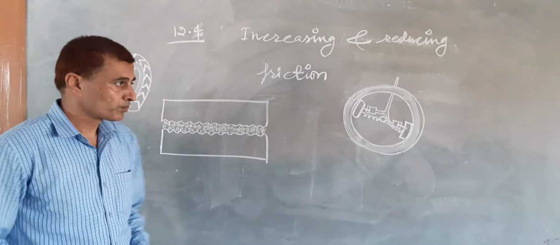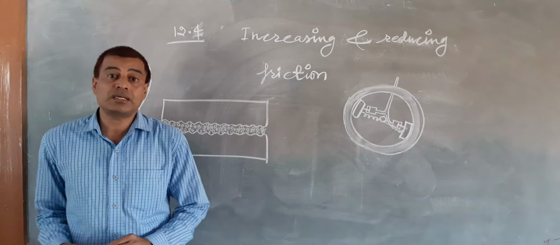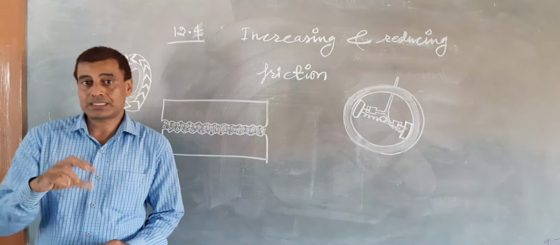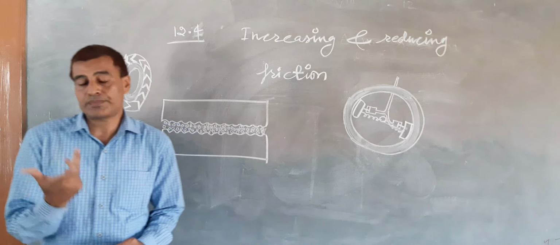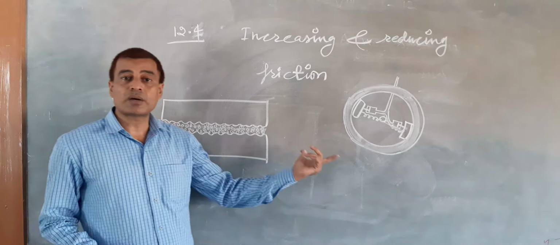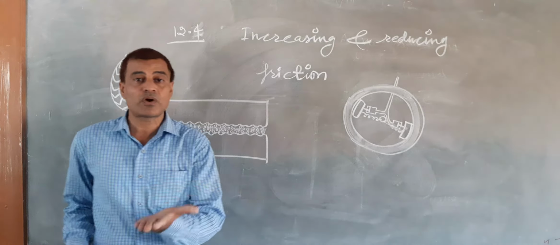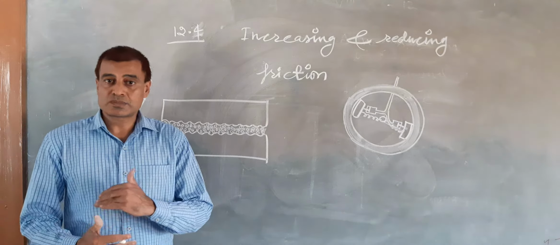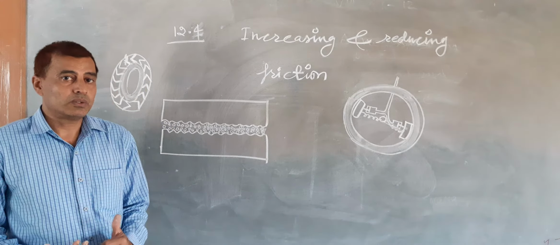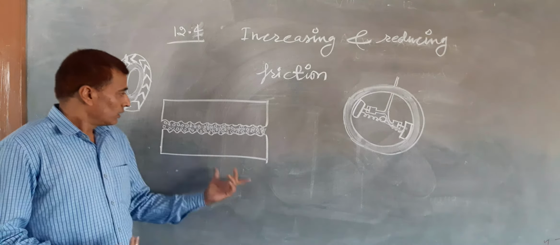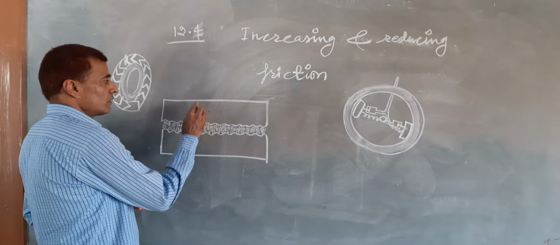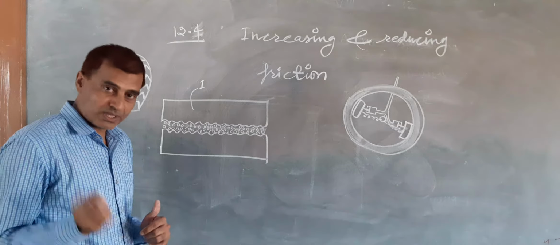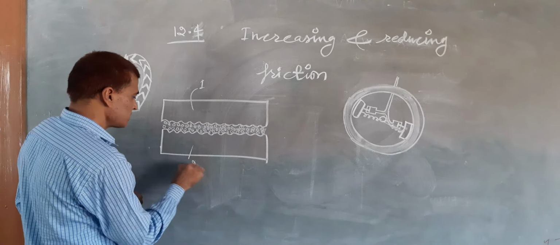First example, you can see the game of carom. You use talcum powder to reduce the friction between the coins and the floor of the carom. What does this talcum powder do? Look here. This is the first surface, as we discussed in the previous section. This is the second.